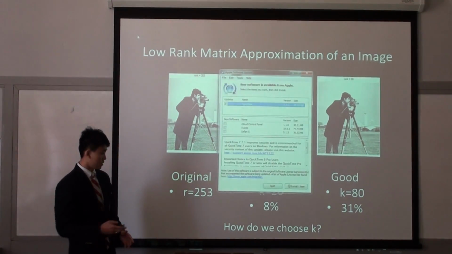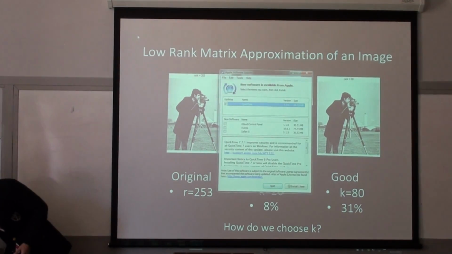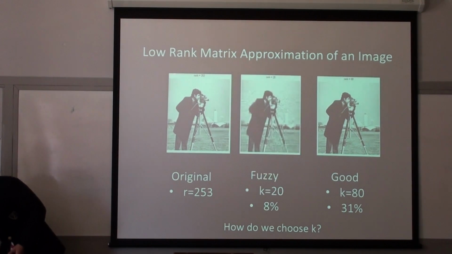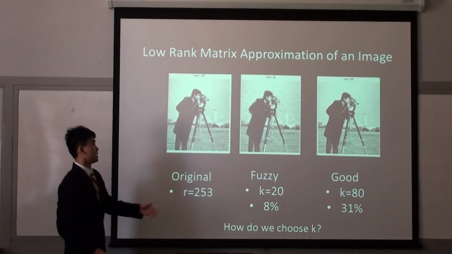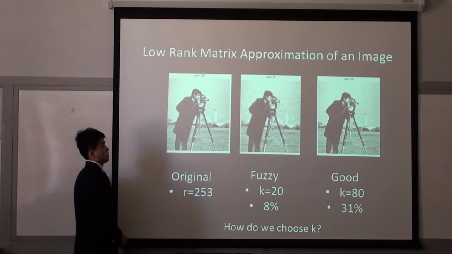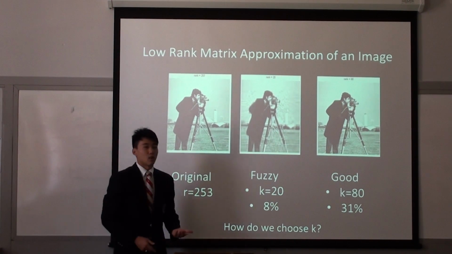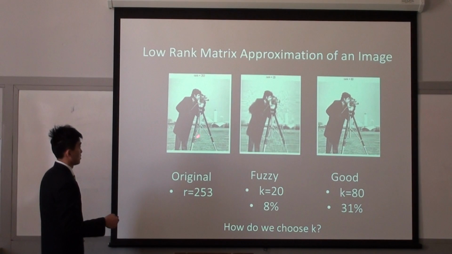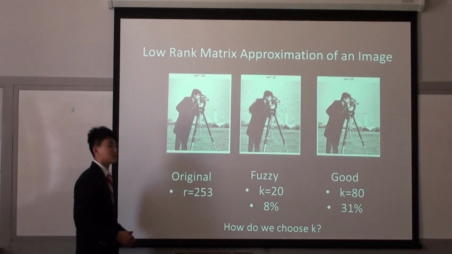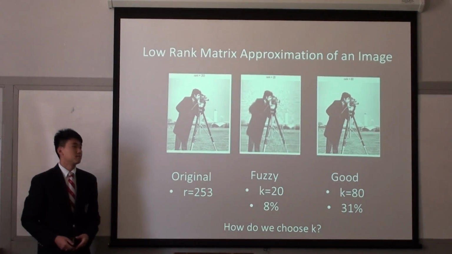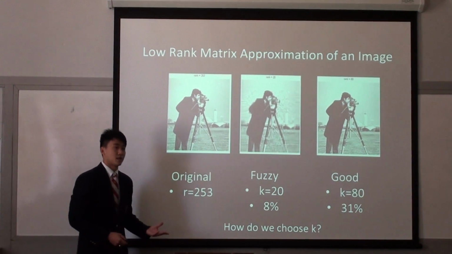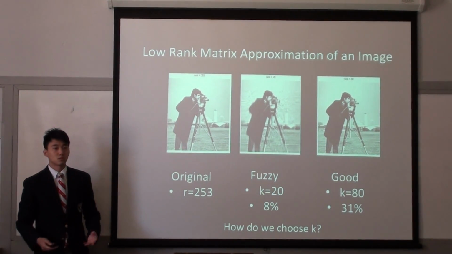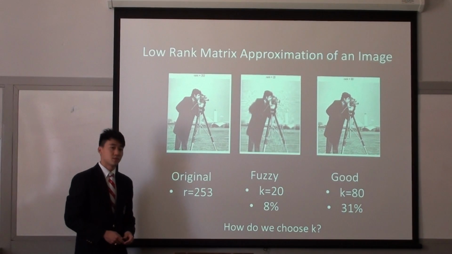If I take it further, all the way up to the first 80, it gives me a really decent approximation compared to the original one. To your eyes, you couldn't see the difference, and I only used 31% of the original information, so I saved almost 70%.